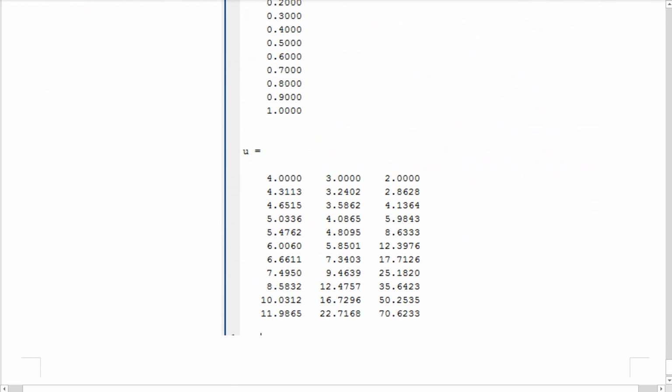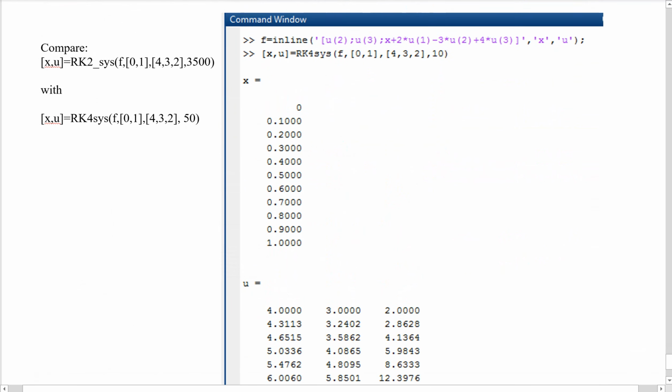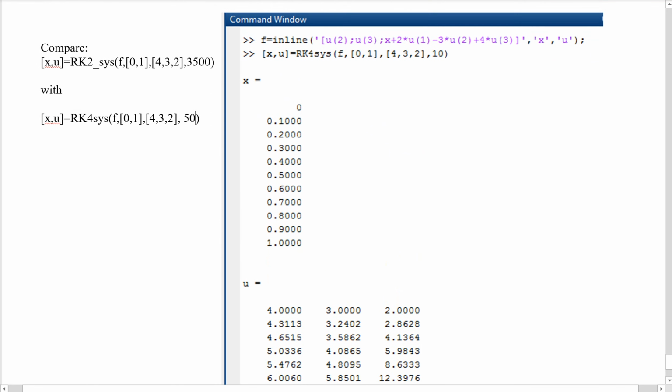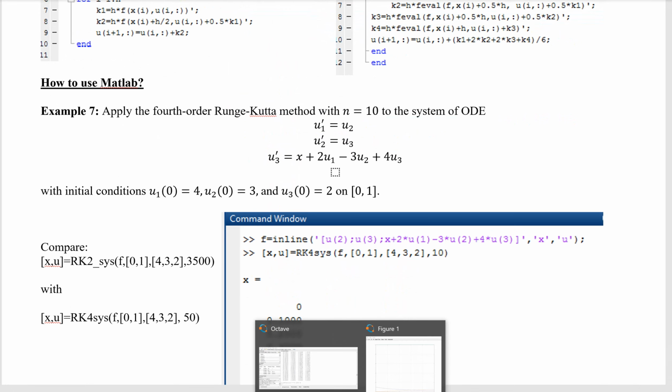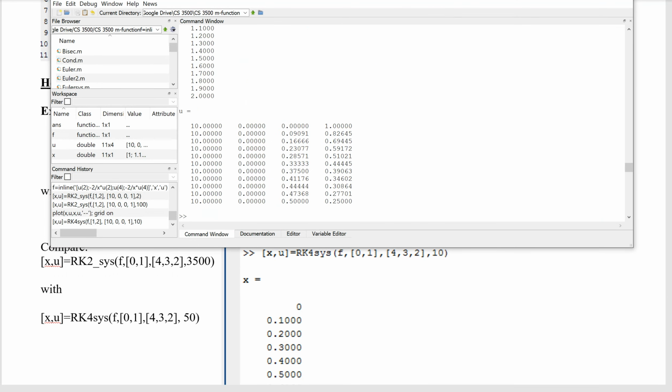Okay, so this is an example. When we type RK4, we also get the xi's, and we have 10 vectors for the u's. Alright, so we do RK4. Let's do 10 steps. And so this is RK4. Okay, so these are the 10 vectors we get for U.